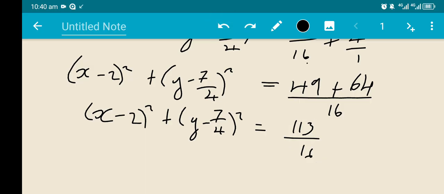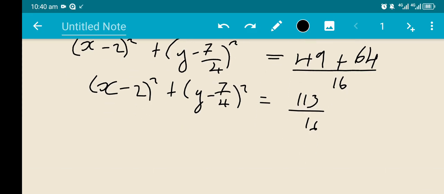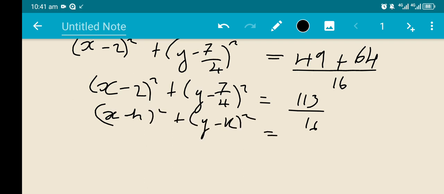So the question told us to find the center. Remember, according to the equation, which is x minus h squared plus y minus k squared should be equal to r squared. So meaning the center is located where we take this and equate it to 0. So that would be x minus 2 equals 0, then x equals 2.